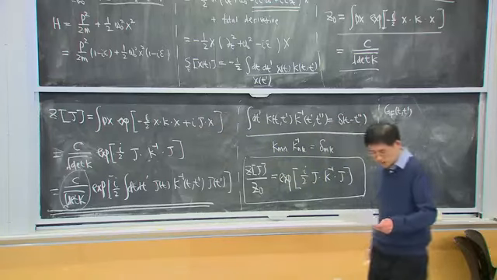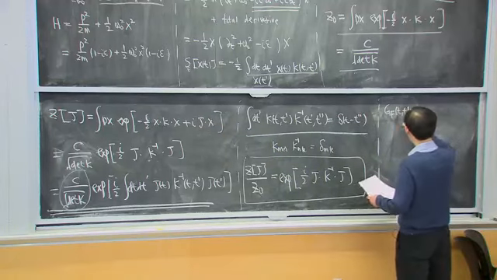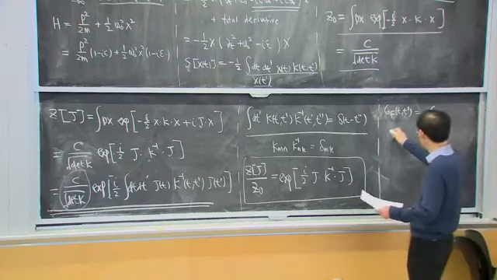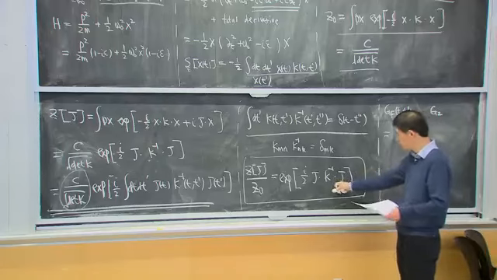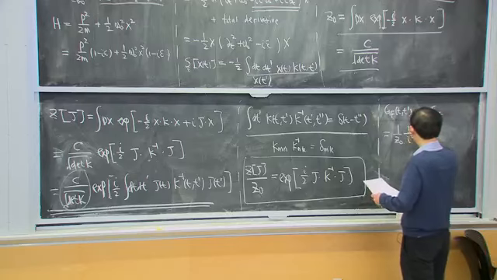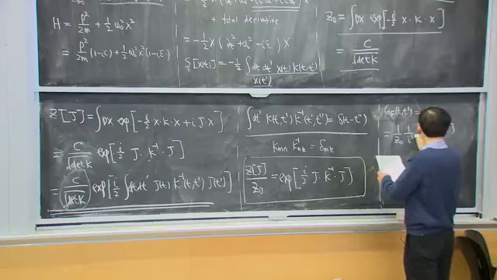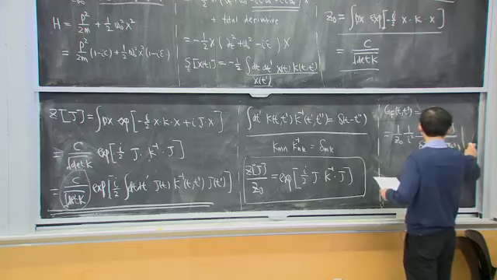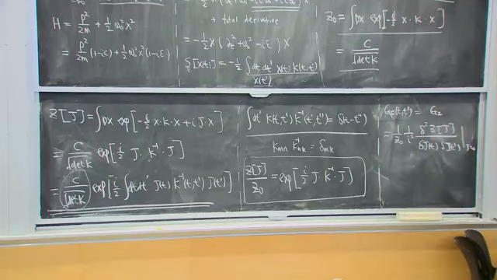It's G2, and it is given by 1 over Z0, times i squared, you take two derivatives of Zj, delta over delta j(t) and delta over delta j(t prime), and then you set j equal to 0. So the two-point function is the Feynman propagator.